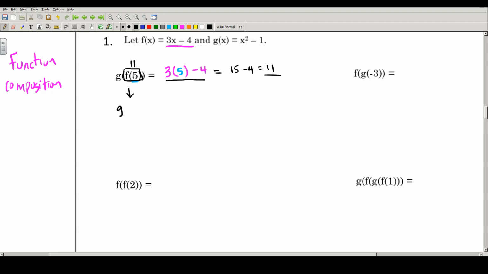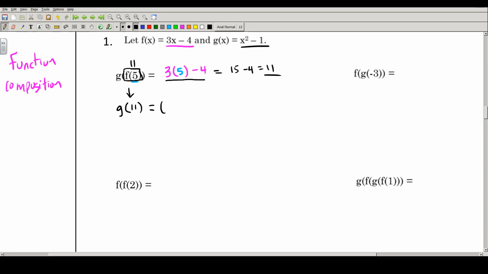Now let's figure out what g of 11 is, because we already figured out that innermost portion. So we look at our function g, which takes whatever our input is, x, squaring it, and then subtracting 1.